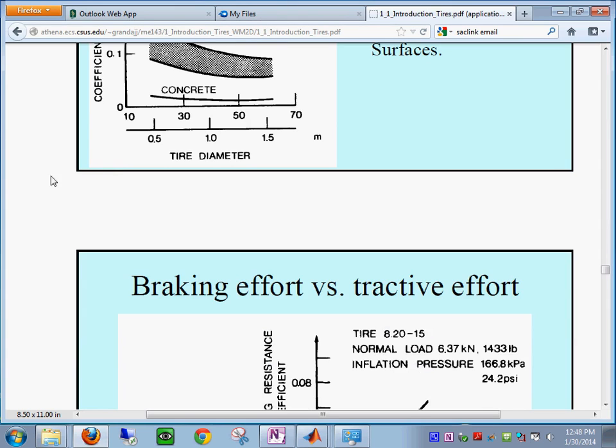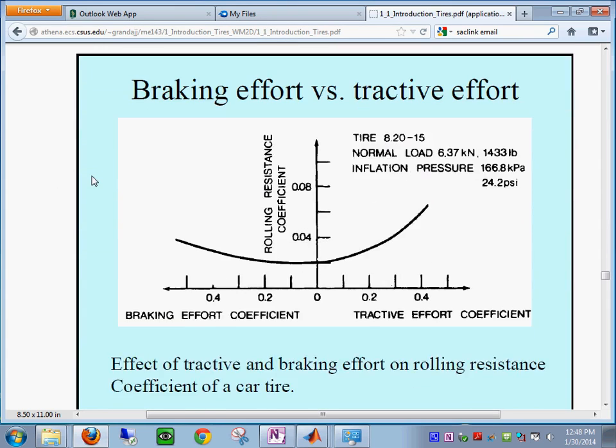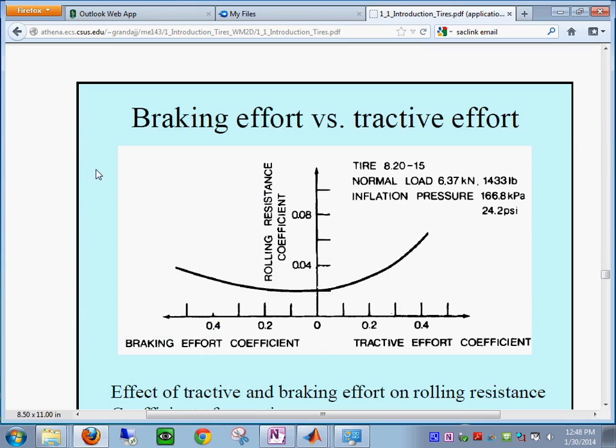Here we have the other objective of tires, which is braking effort versus tractive effort. In this case, rolling resistance coefficient here, and you have some with inflation pressure of, let's say, 24.2 psi.